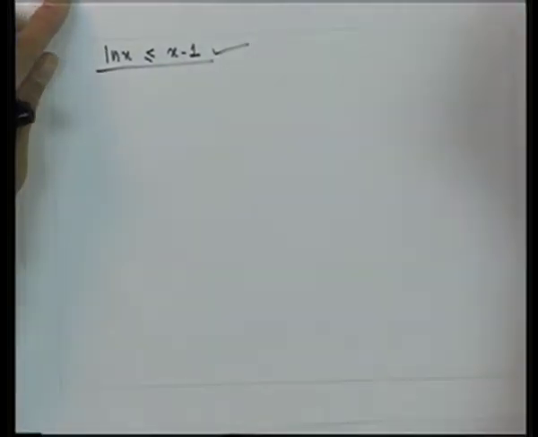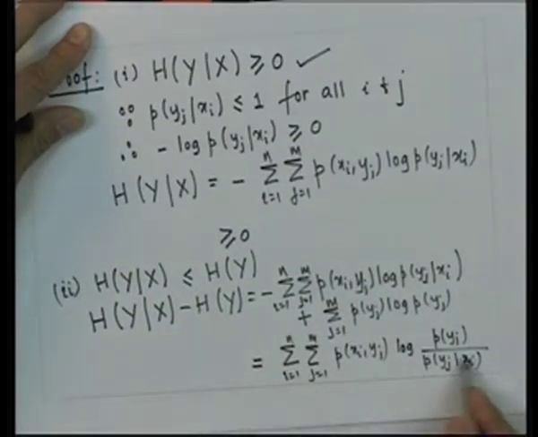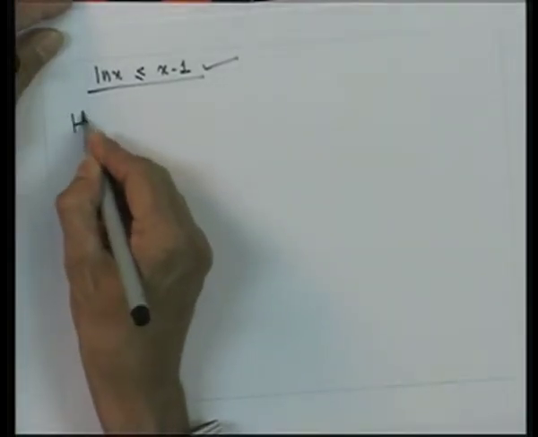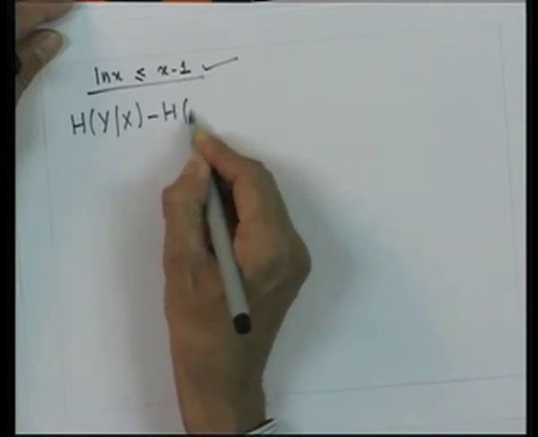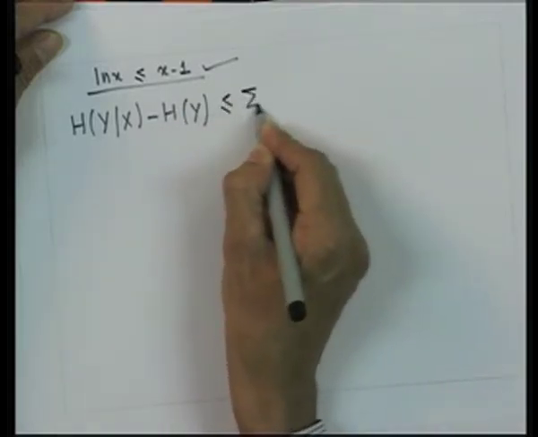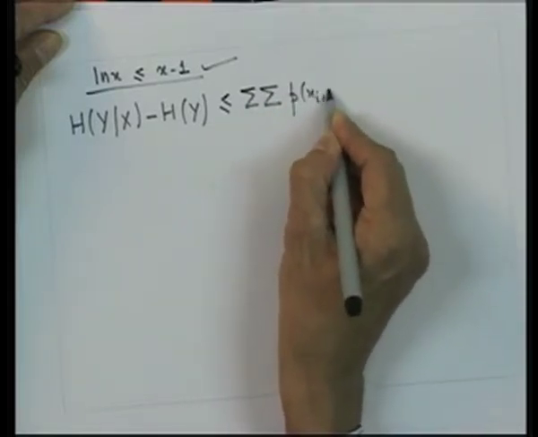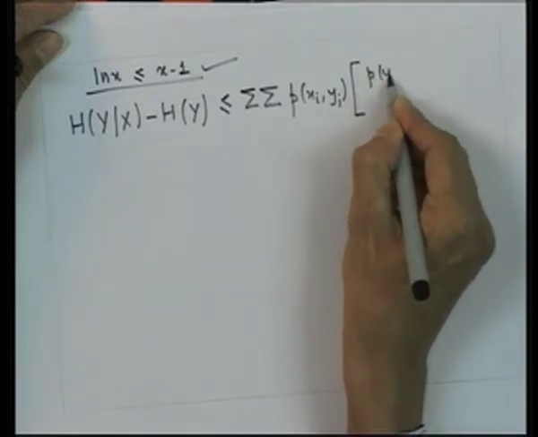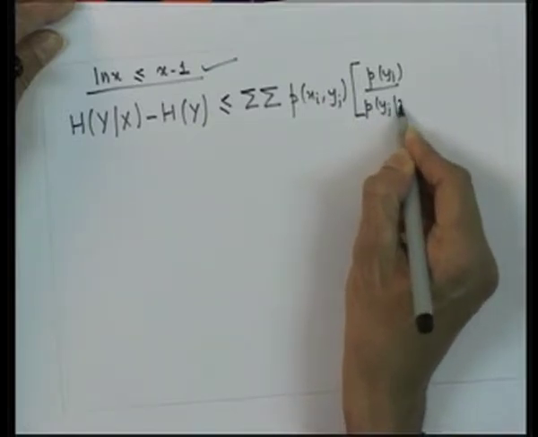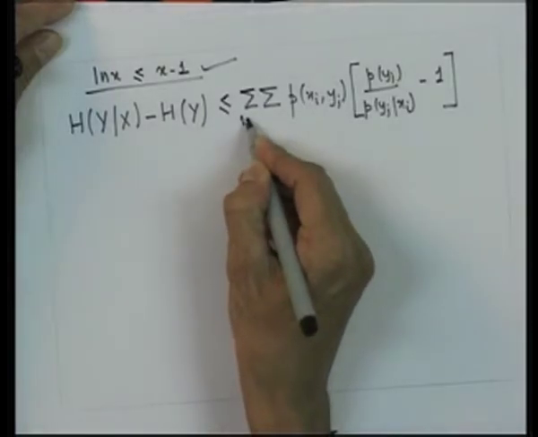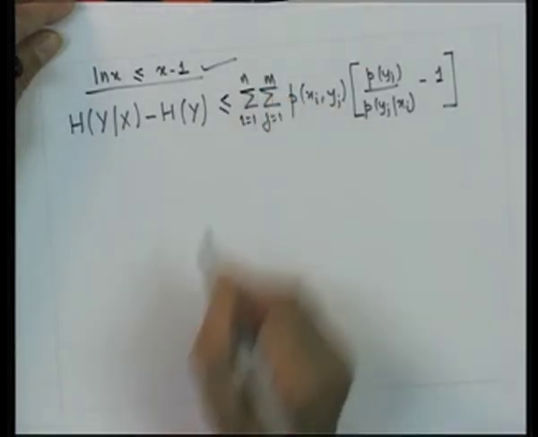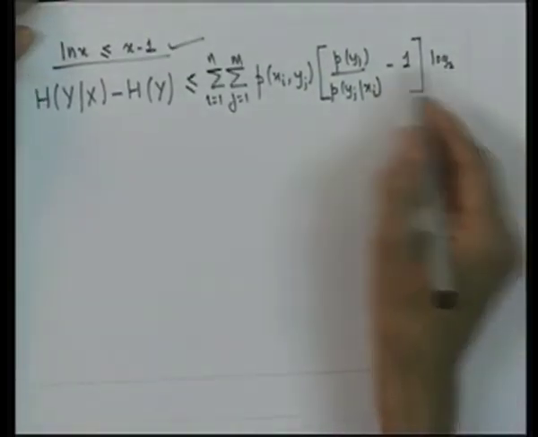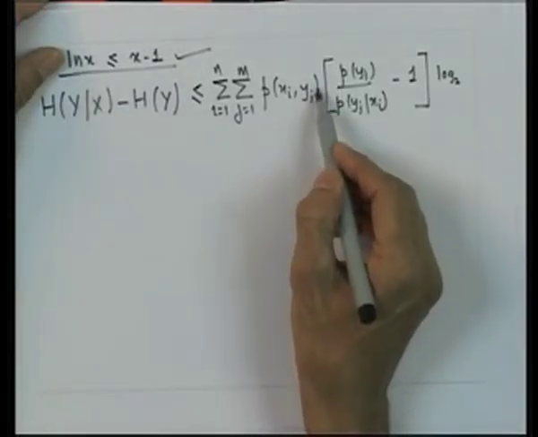If I use this property, then I can take x as equivalent to this quantity out here, and I can write that h of y given x minus h of y is always less than or equal to double summation probability of xi yj, probability of yj, with i equal to 1 to n and j equal to 1 to m, multiplied by a factor, because this expression is with respect to the natural base, whereas we have here log to the base 2.